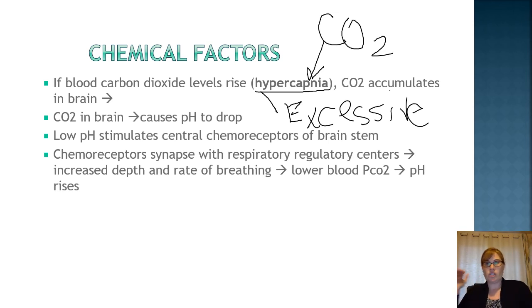So if carbon dioxide changes, this whole series of steps happen, pH will drop, and then the central chemoreceptors, the chemoreceptors in the brainstem, are going to detect that drop in pH but increase in CO2. So what they're going to detect is the carbon dioxide, and from that point, it's like a switch, and this process starts to change your breathing and decrease carbon dioxide in the blood, which is going to increase your pH to where it needs to be. So we have ways of controlling pH through our bicarbonate buffer system and through breathing.